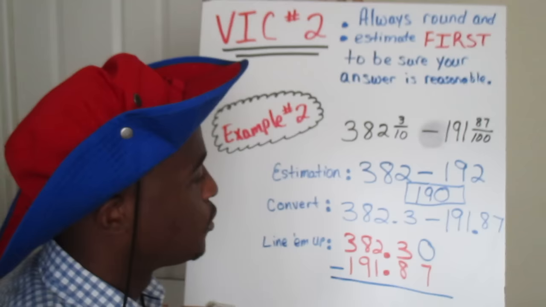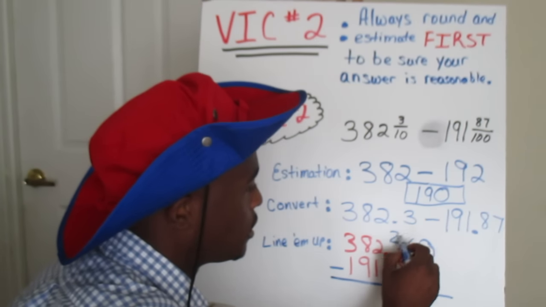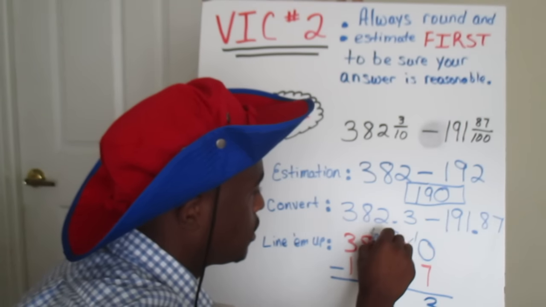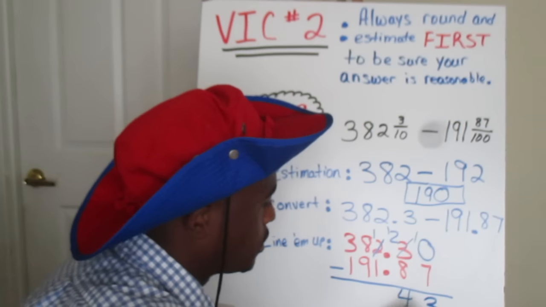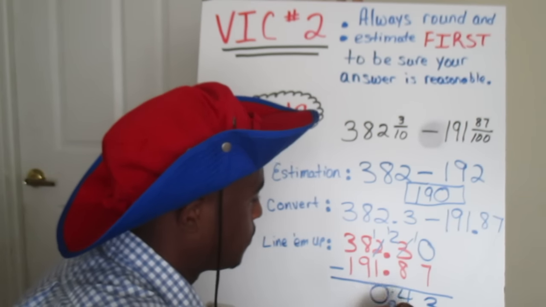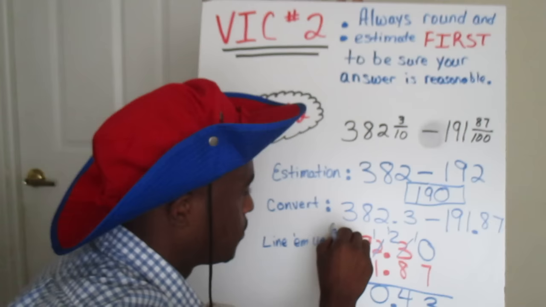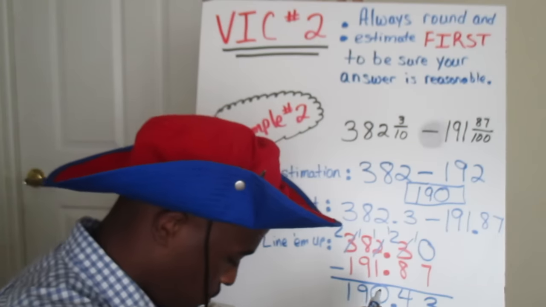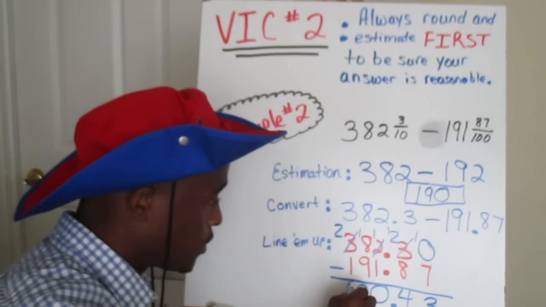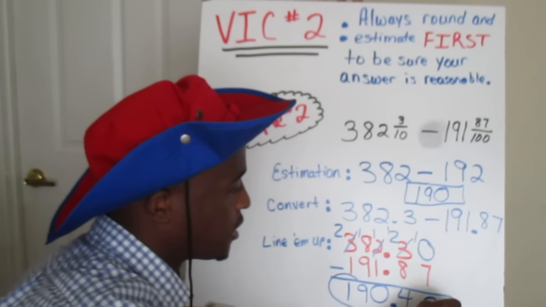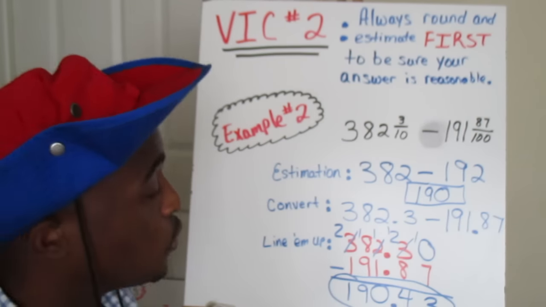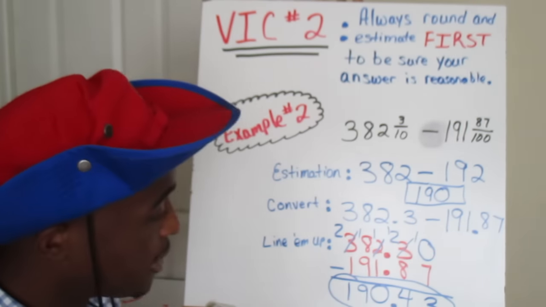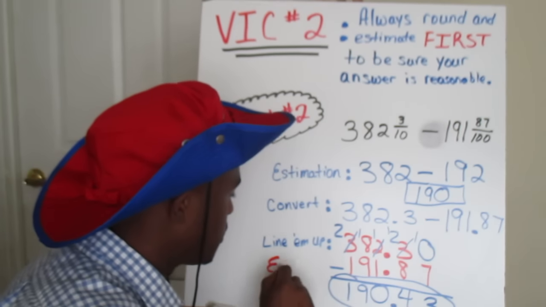And I will just subtract normally. And I get my difference, my exact answer would be 190 and 43 hundredths. Now remember, this is my exact answer.